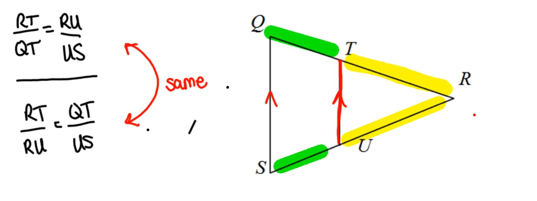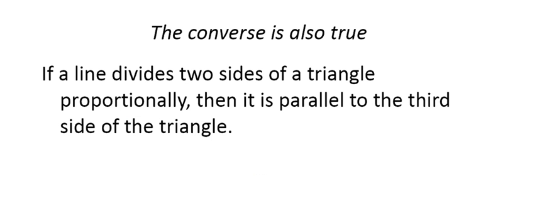In both proportions, when we cross multiply, we're multiplying RT times US and QT times RU, so both are exactly the same. That's important to know because you may have one written down on your paper and your friend may have the other, and even though they look different, both of you are in fact correct.